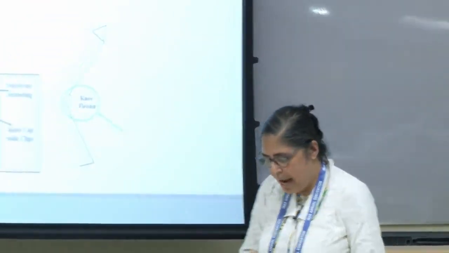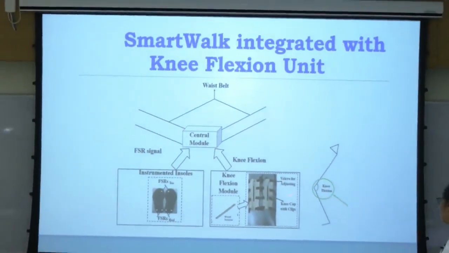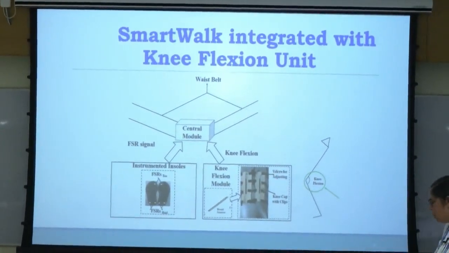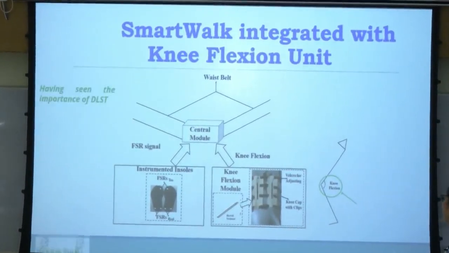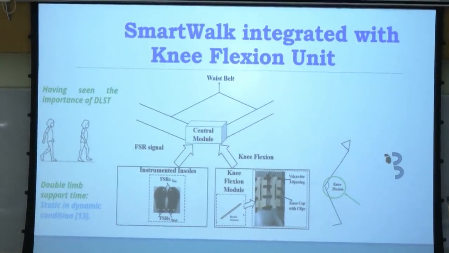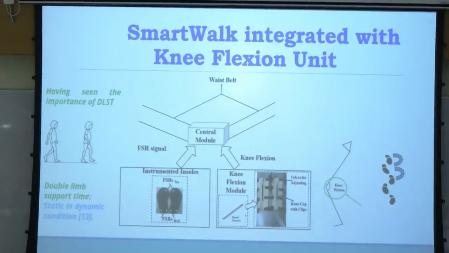Now, going forward, we felt that while a person freezes, the posture also changes. So the bending of the knee and the bending of the pelvis take place. So can we start working from the bending of the knee? We added knee flexion to our instrumented insoles, and we were interested in looking at double limb support time.